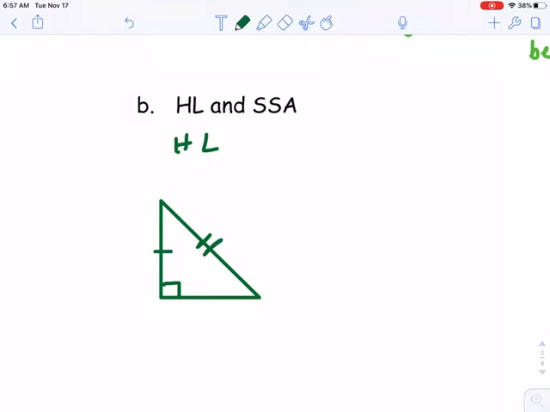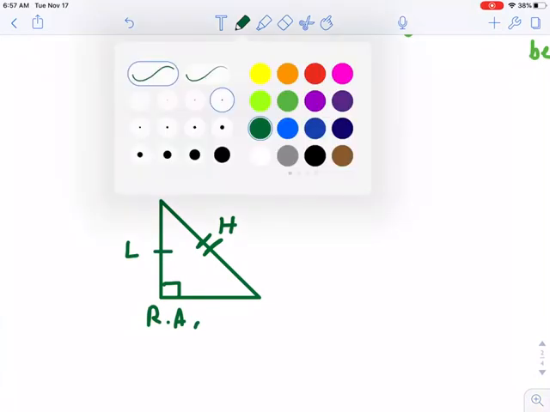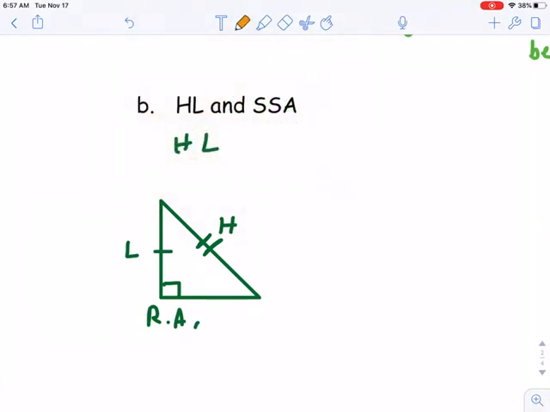All right, we have a leg, we have a hypotenuse, and we have a right angle. All right, what we really have is an angle, side, and a side. So why don't we call this the SSA? All right, which is a little foreshadow. Oops.